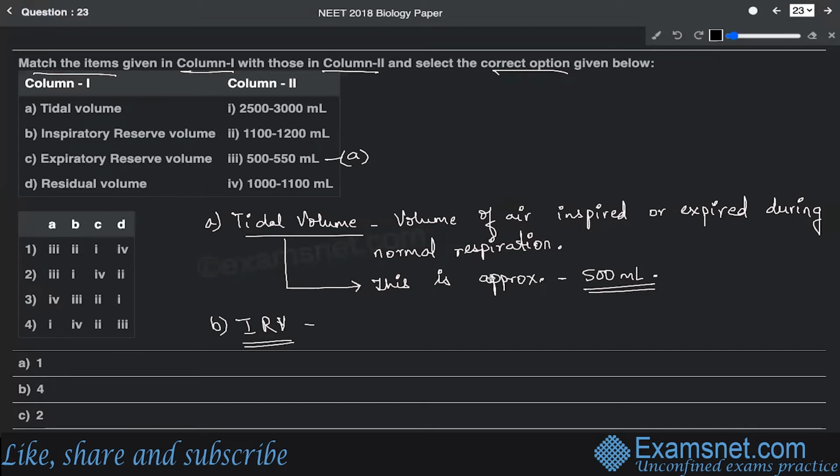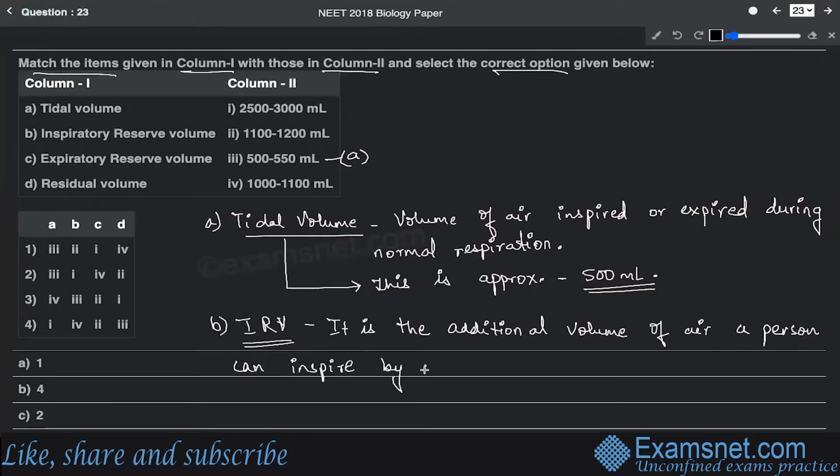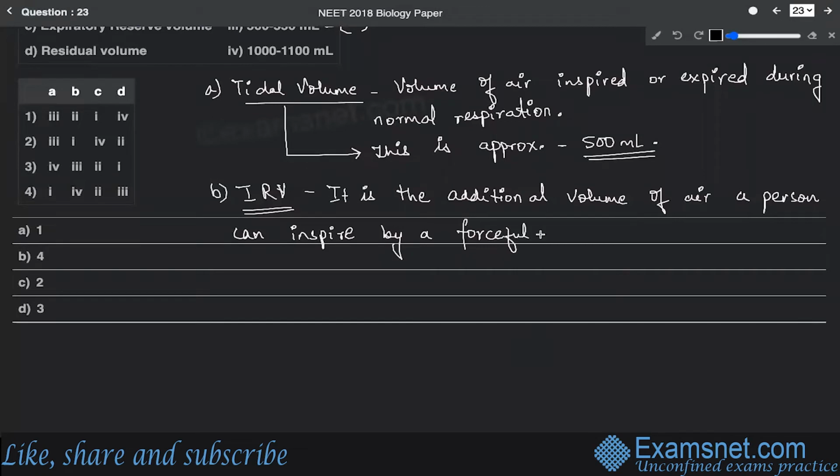This inspiratory reserve volume is basically the additional volume of air a person can inspire via forceful inspiration.